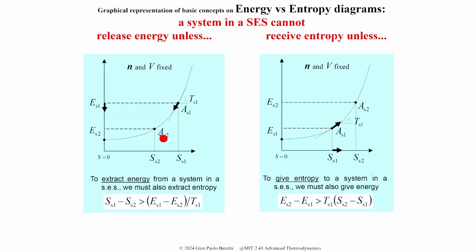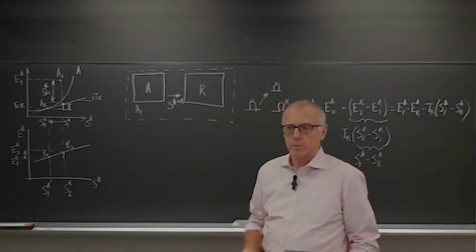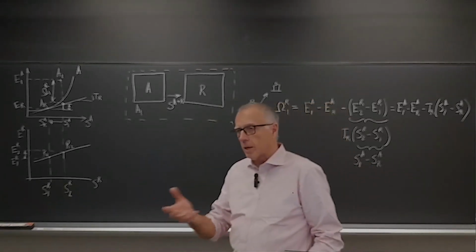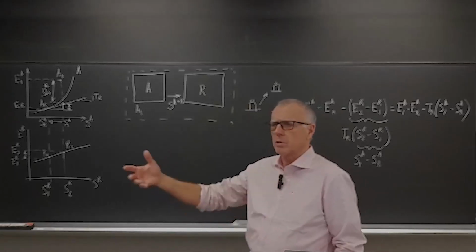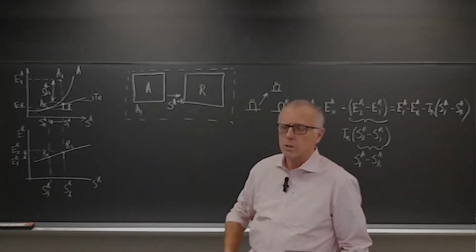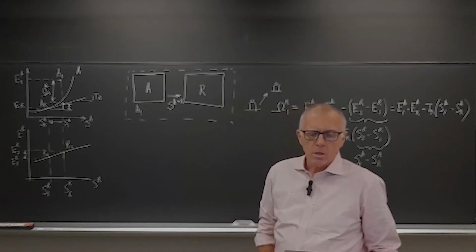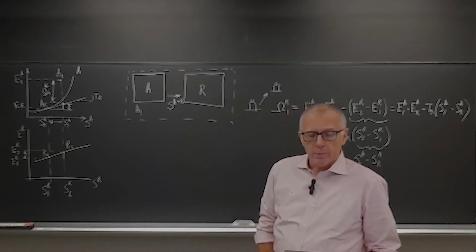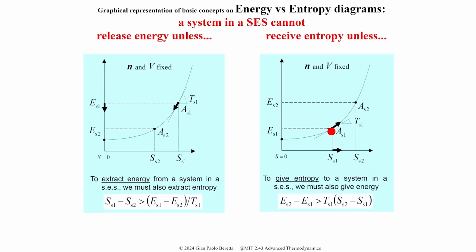But then you need a system that takes up that entropy. And usually that role is played by the environment, or maybe the nearby river, or lake, or the sea, or the air. That is the system in which you dump the entropy that you must extract from your system.